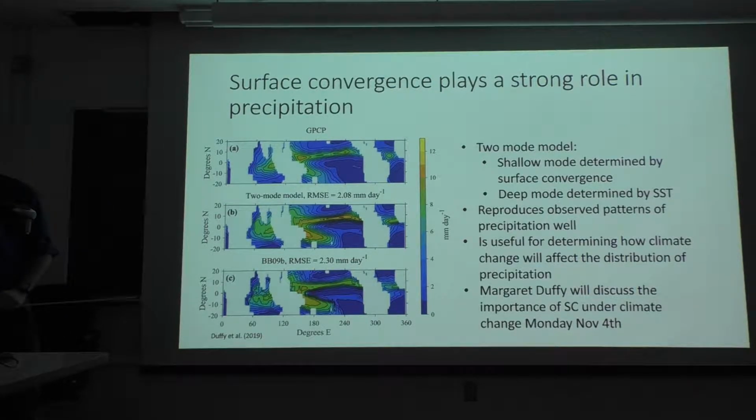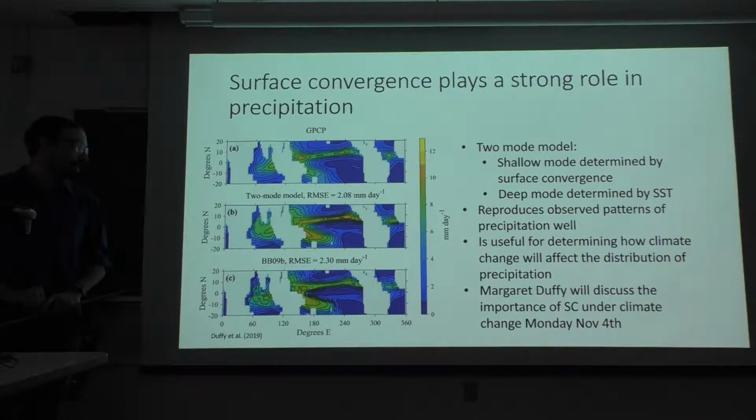The shallow mode can be well determined by essentially only what the surface or boundary layer is doing, and the orthogonal or nearly orthogonal deep mode is then determined by something else, and combining these gives you the total precipitation rate that matches well the observation.